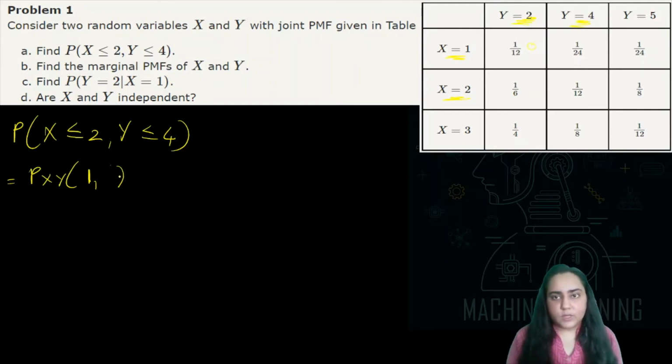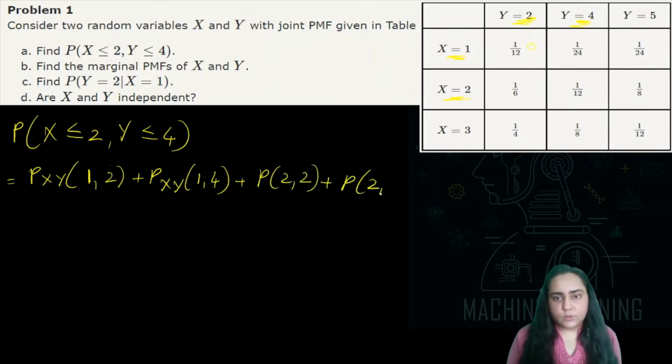Two possibilities, so let's combine those. We can have 1 comma 2 plus 1 comma 4. The other combination is 2 comma 2. Another combination is 2 comma 4. These are all the possibilities of x, y together.